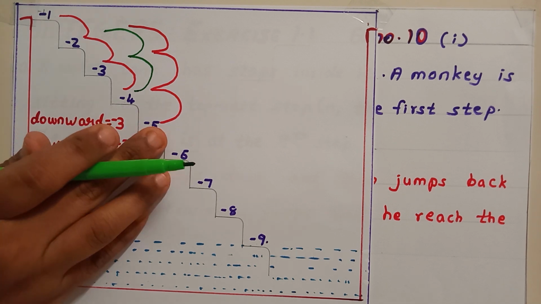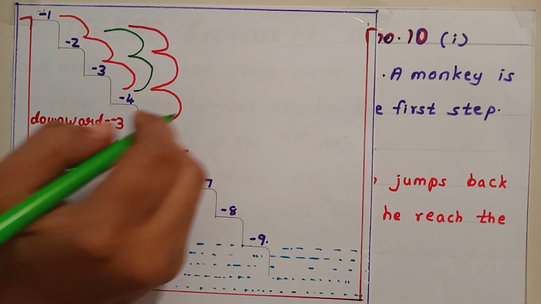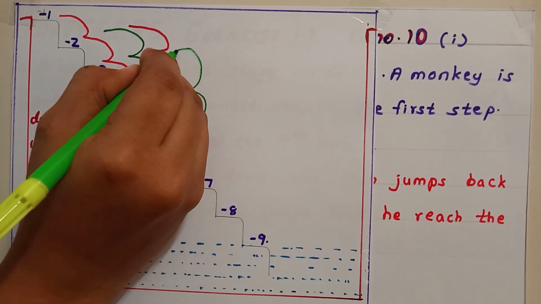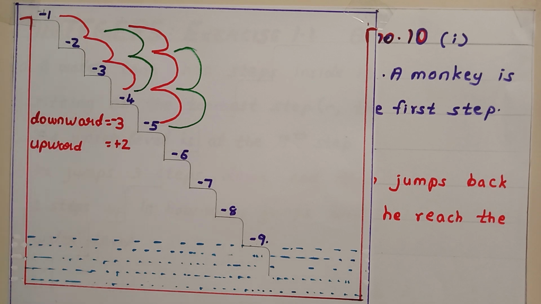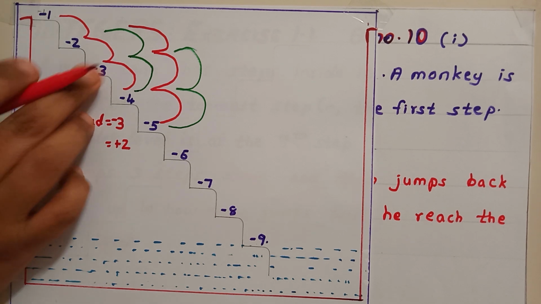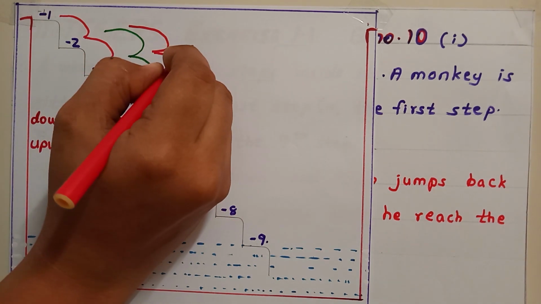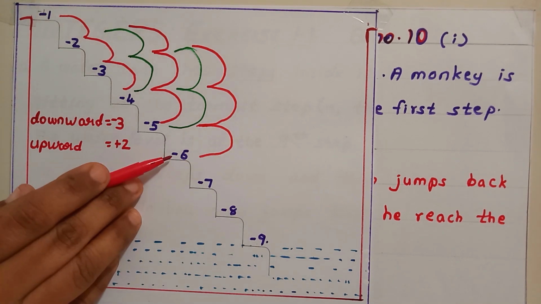Whenever he makes a downward jump, at the same time he will make an upward jump and cover 2 steps. So 1, 2. He reached -3. When he is at -3, again he does a downward jump. So 1, 2, 3, now he is at -6.